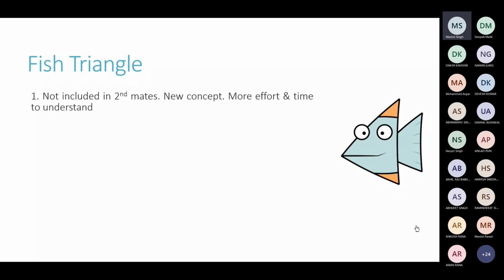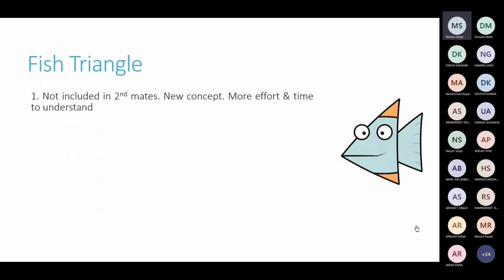Now, before we proceed with the fish triangle topic, the question as well as the procedure, I would like to familiarize you with a few things which are specific to this particular topic. One, this is a new topic for you. This topic is not there in the second mate syllabus.